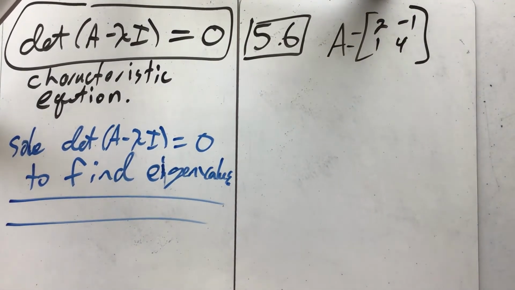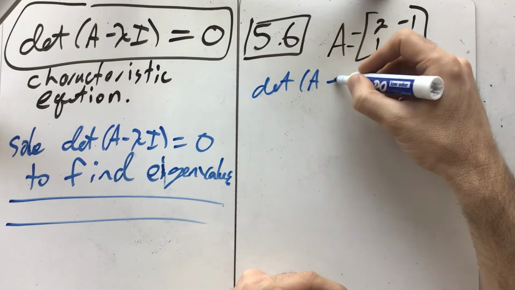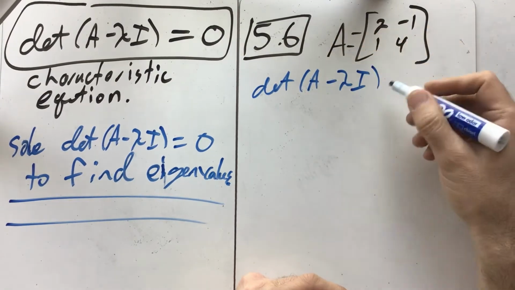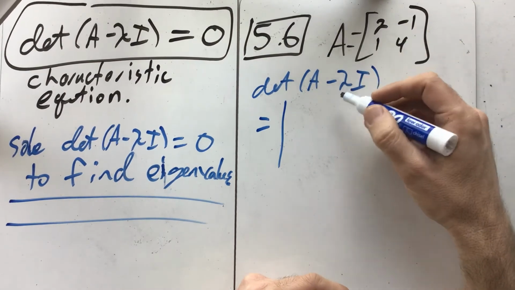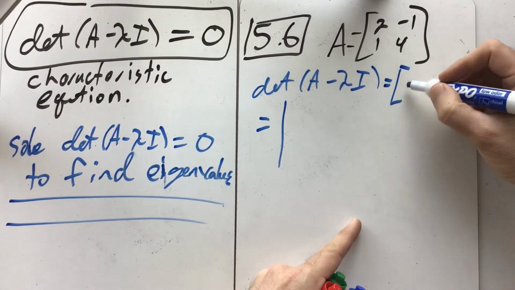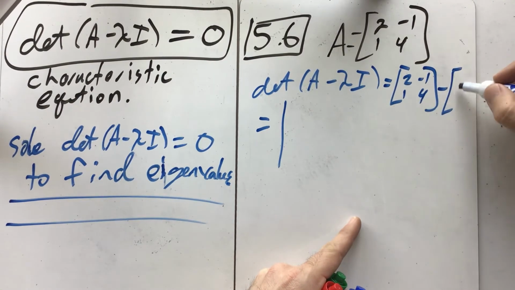And that means that if I come over to this equation, A minus lambda I, then I've got the determinant of A minus lambda I. Well, this is the same as the determinant of our matrix here, 2, -1, 1, 4, minus the matrix lambda, 0, 0, lambda.